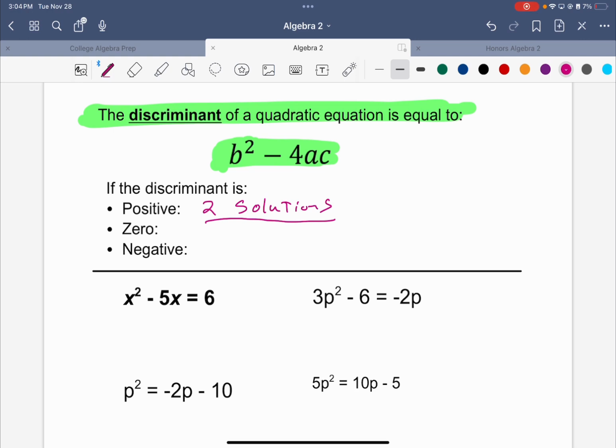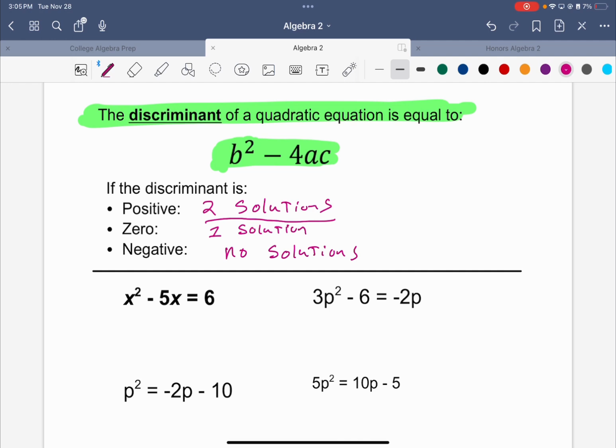If what's underneath the square root, b squared minus 4ac, is 0, there's 1 solution. If it's negative, there are no solutions. So positive means 2, 0 means 1, negative means no solutions.